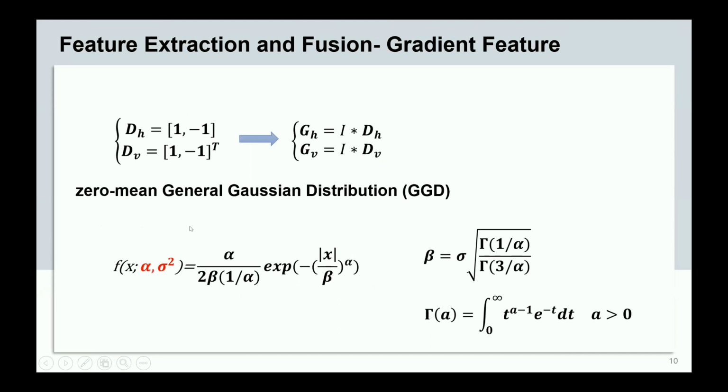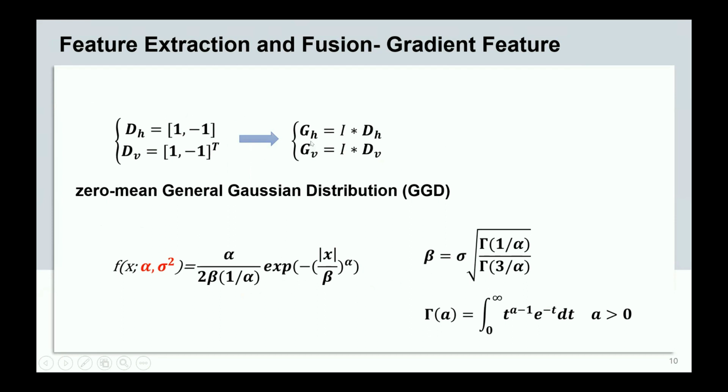And here comes to the gradient feature. The gradient is an indispensable IQA index that represents the contrast and luminance information of an image. We use filters DH and DV, which means horizontal and vertical, to calculate the gradient.